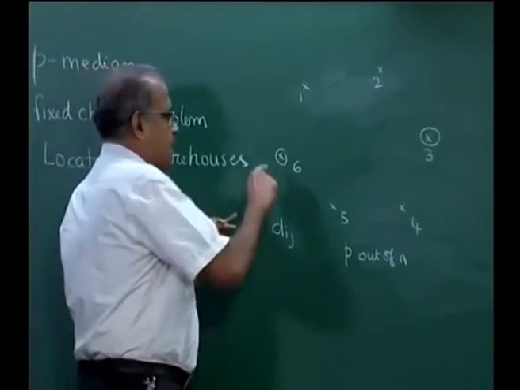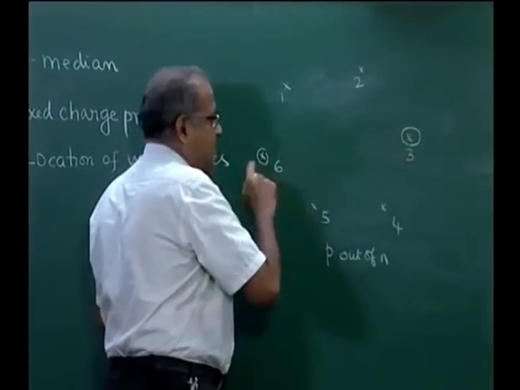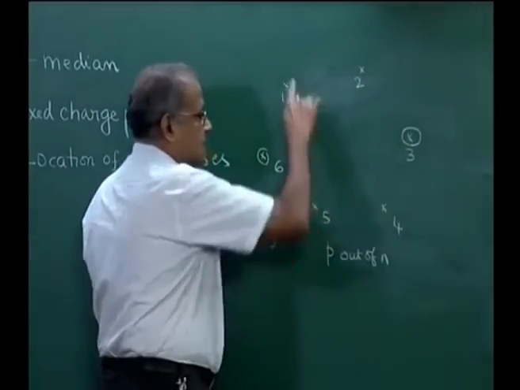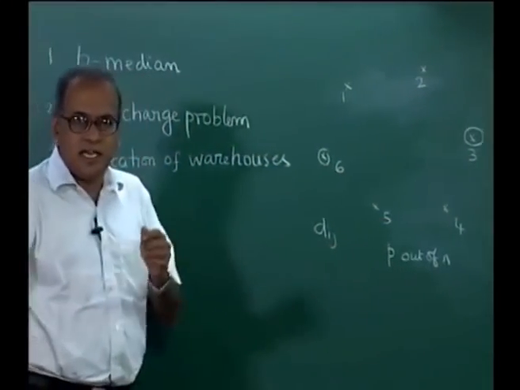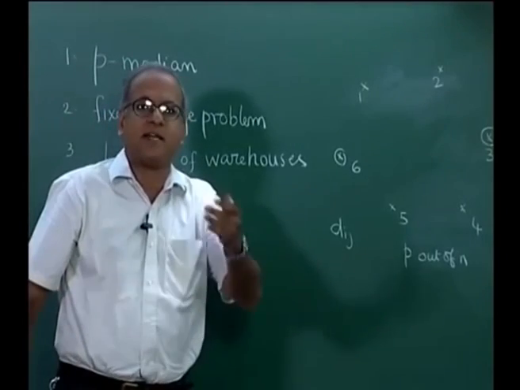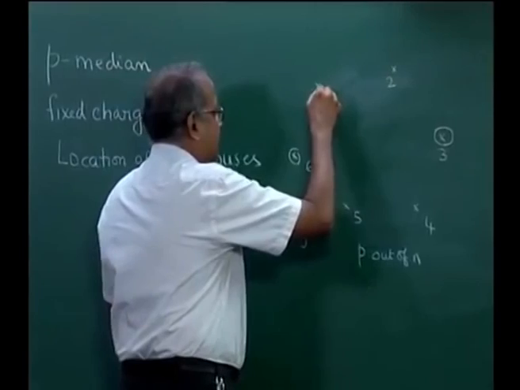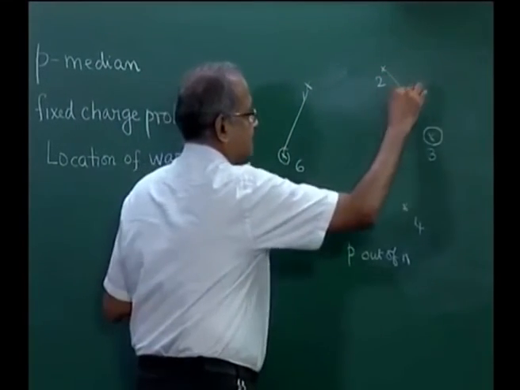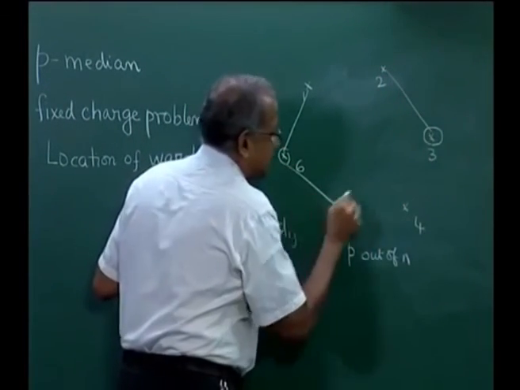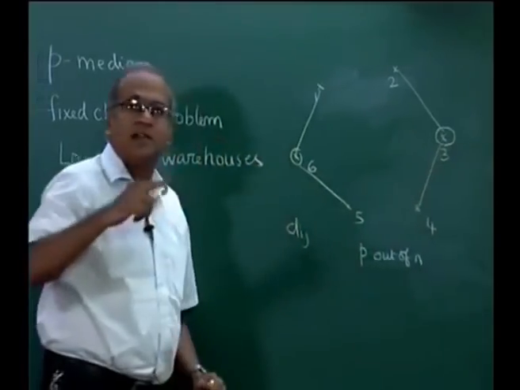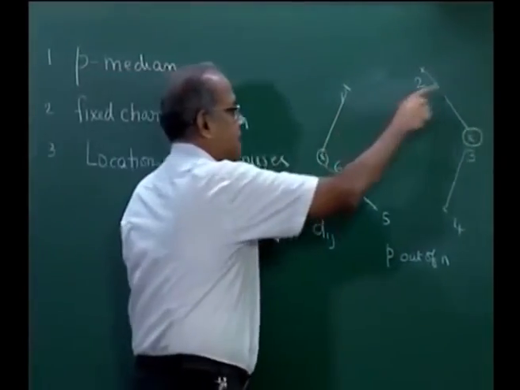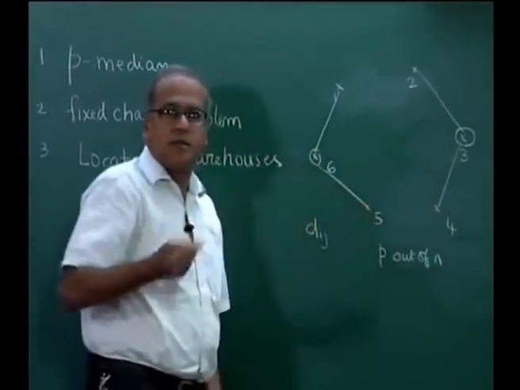For example, if we choose these 2 as medians, then these 4 are the non-median points, and each of the non-median points gets attached to a median point. For example, this might get attached to this, this would be attached to this, such that the sum of these distances is minimized.